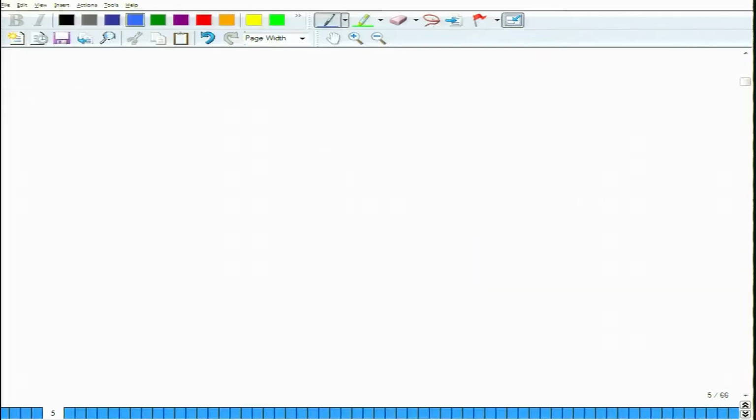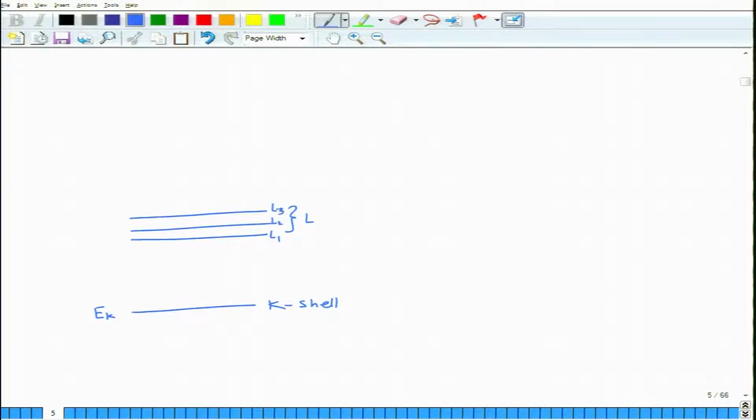Now, basically how X-rays are generated: you have electronic orbitals. You have the K shell, and then we have the L shell. The L shell can have 3 sublevels. So, this is the K shell, which has a corresponding energy Ek, and then you have L shells, L1, L2 and L3.